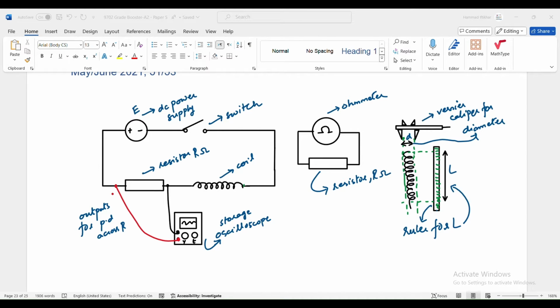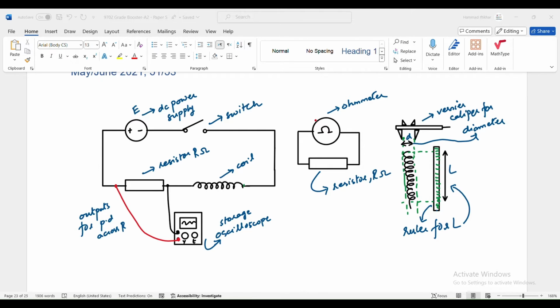We can't measure the resistance of a resistor with an ohm meter when the current is on. So we need to have a separate circuit for measuring the resistance using the ohm meter without the power supply, when no current is flowing.